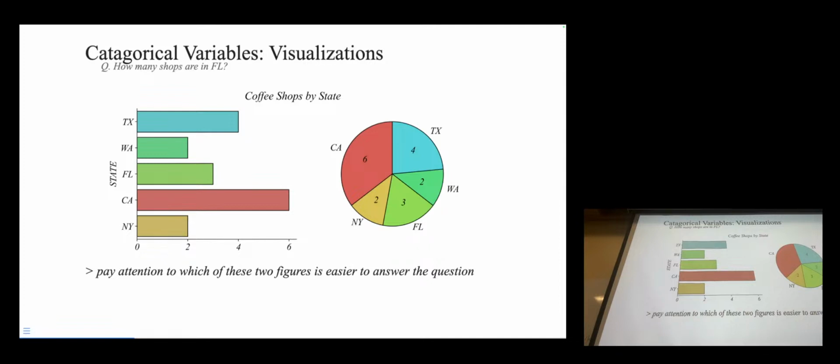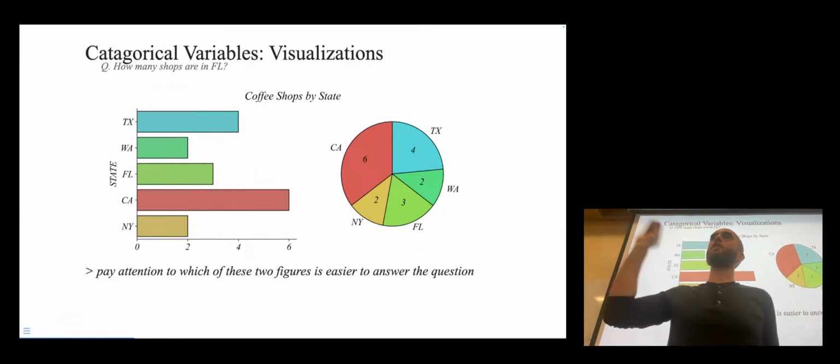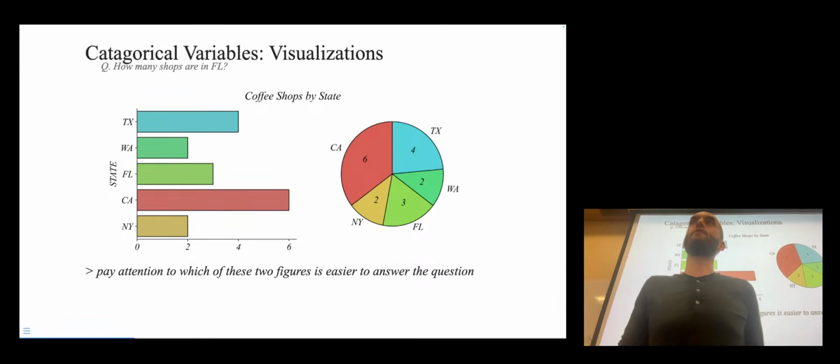What's your name? Hannah and Sophia. I don't think I asked you for your name, so Hannah and Sophia. Hannah is saying including the number on the visual component is very helpful when we're trying to figure out the answer to this question particularly.